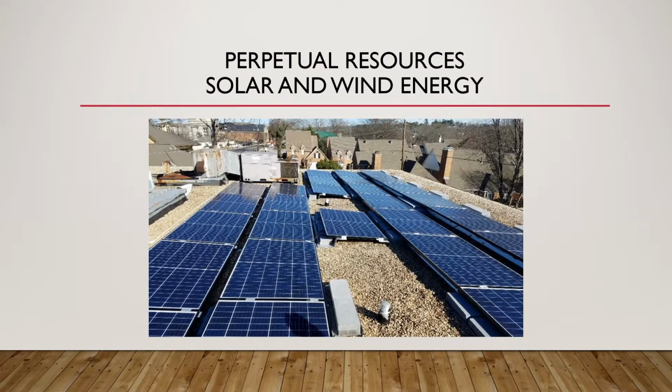So we have solar and wind energy, and there's also tidal energy, which refers to the movement in the ocean. So solar energy, you can see from the picture here, these are photo cells on top of a building on Oxmoor Road in Homewood. This business, there are actually 3 businesses inside this building, and they have all partnered together to set up this system.